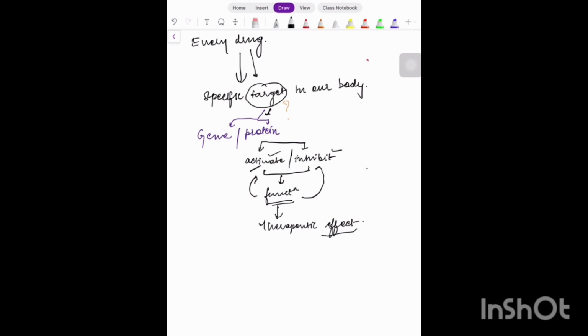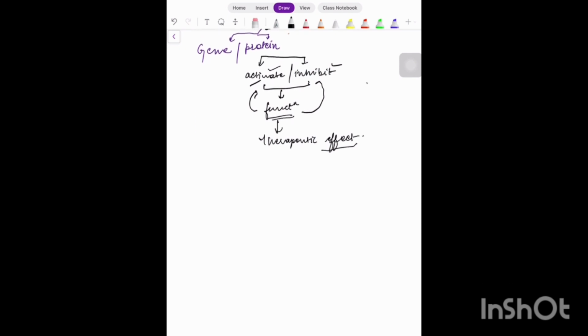Therefore, even during these early stages of drug discovery, it is critical that researchers pick a target that can potentially interact with or be affected by a drug molecule.